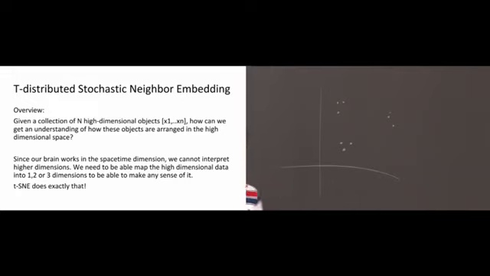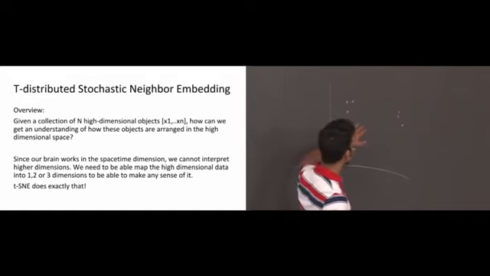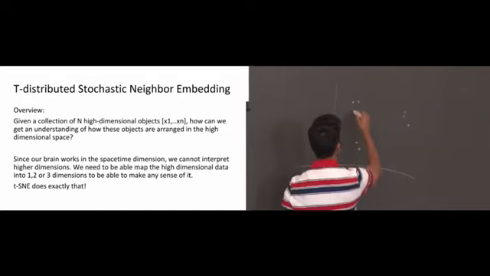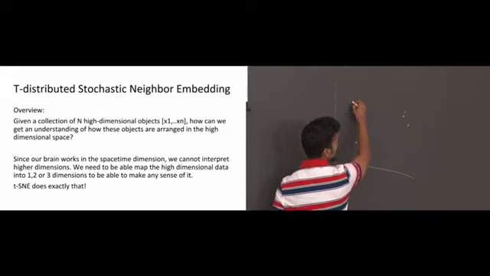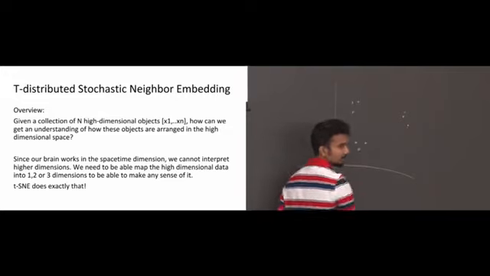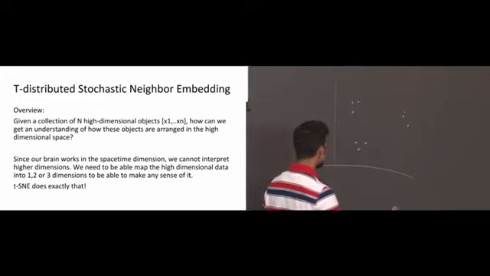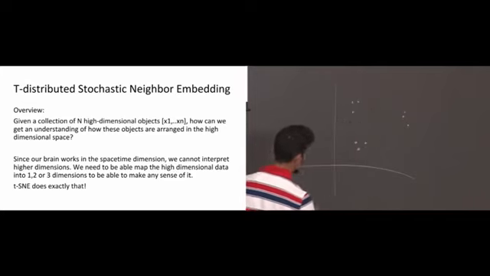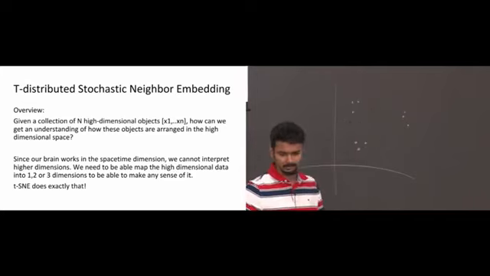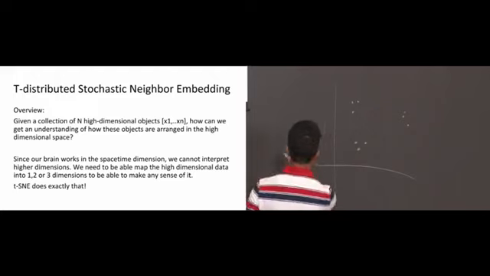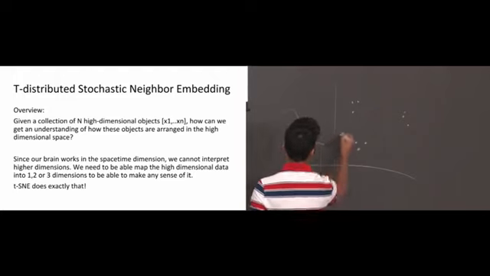Can you guys see it? Yeah. So basically we have these samples in some space. What t-SNE does is it picks one sample and compares this sample with every other sample in your data set. And then it projects it in the form of a normal distribution, basically. So you have this distribution.